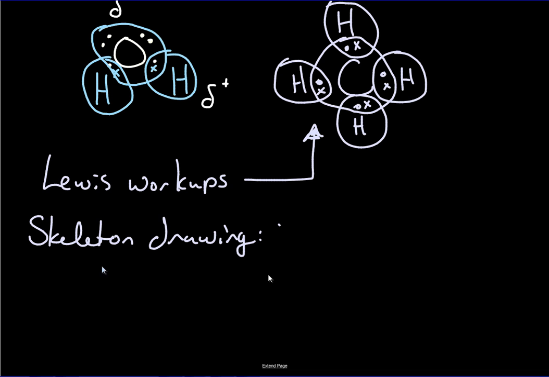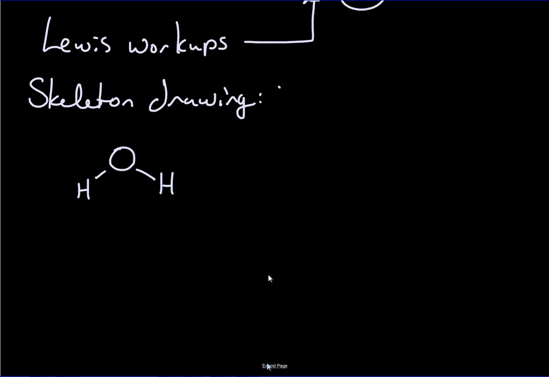So let's take water. Okay, so how the skeleton drawing works is electron pairs are shown with lines. Okay, so if those electron pairs are bonding, then they're shown as a line between the 2 atom symbols. So for water, that would be like this. And you've probably at some point seen a symbol that looks something like that.